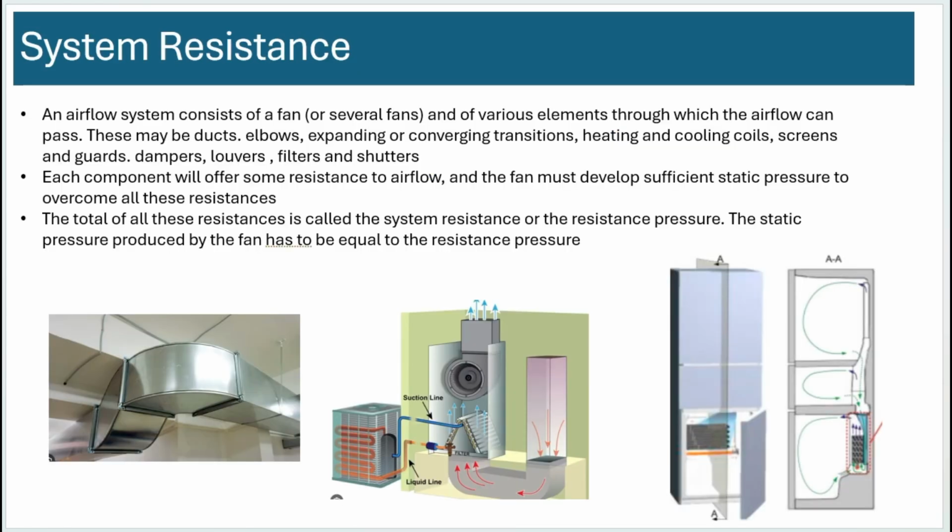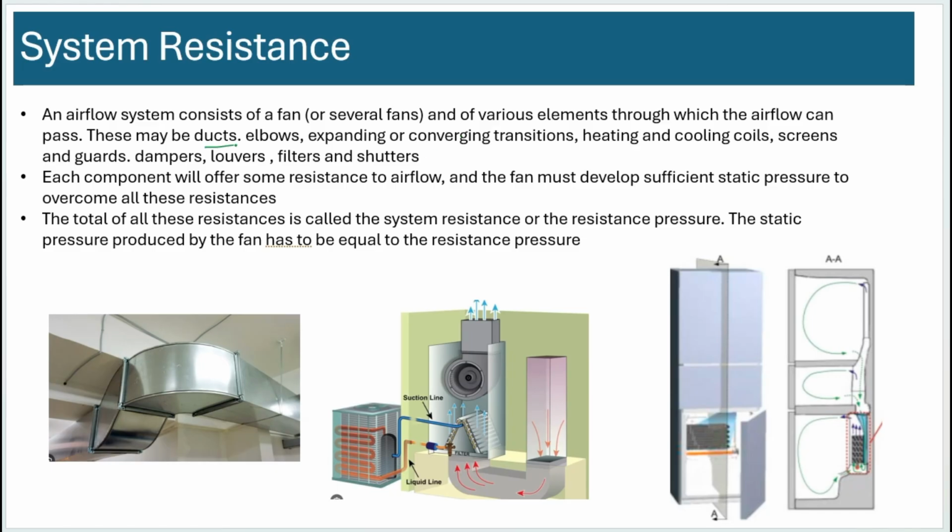So we know how the fan's performance is measured. What are the performance metrics? But how is a fan selected for a particular application? A typical airflow system application involves a lot of fans, and also a lot of elements through which the airflow can pass.